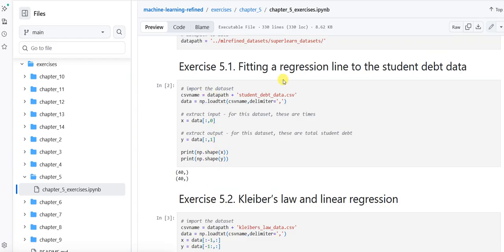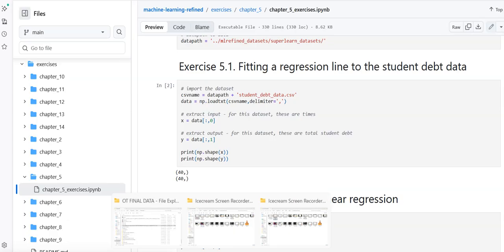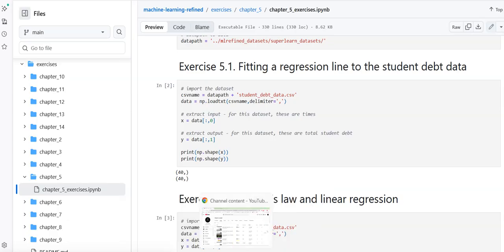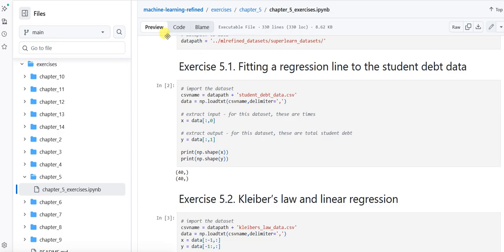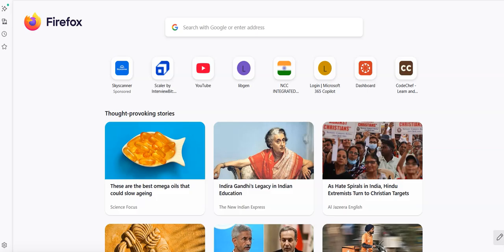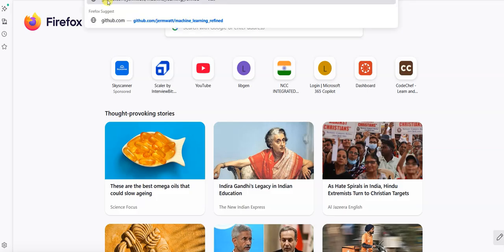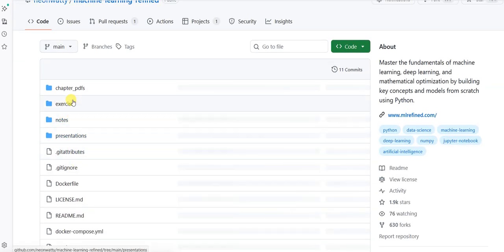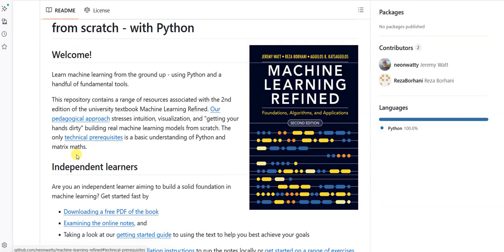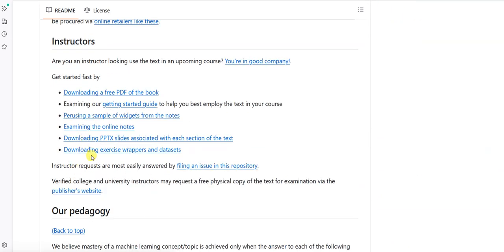Fitting a regression line to the student debt data. How is the student debt data opened? Where is this? Exercises, presentations, PDF, downloading wrappers, data sets.